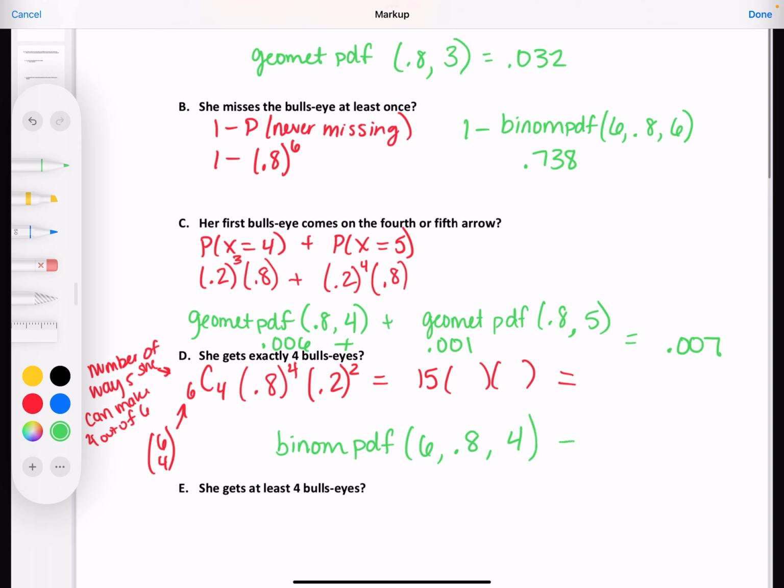And then whatever that equals should be equal to the same thing if you actually multiplied this whole top equation out. 0.246.